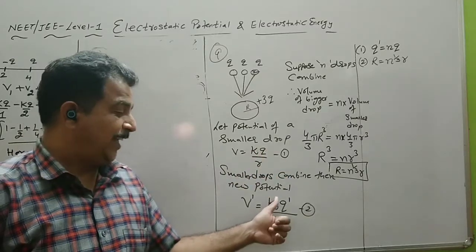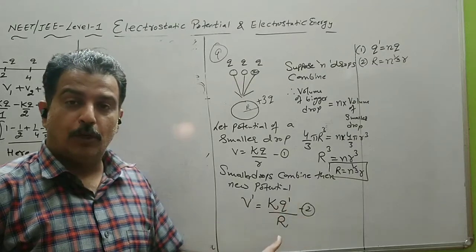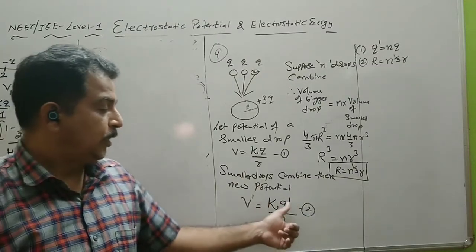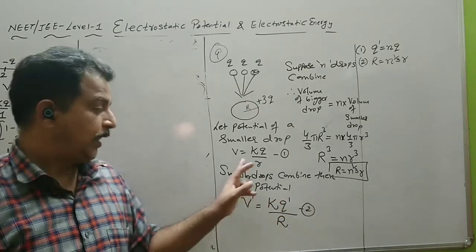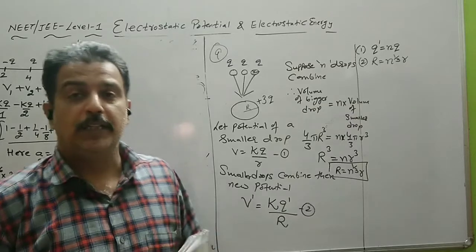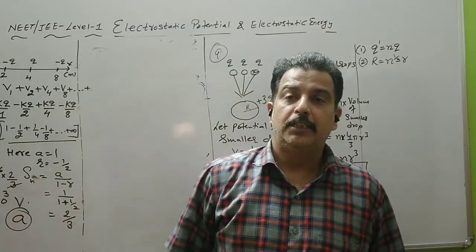Here you will write K Q dash upon R square. So you can find out the relation between the electric field intensities.